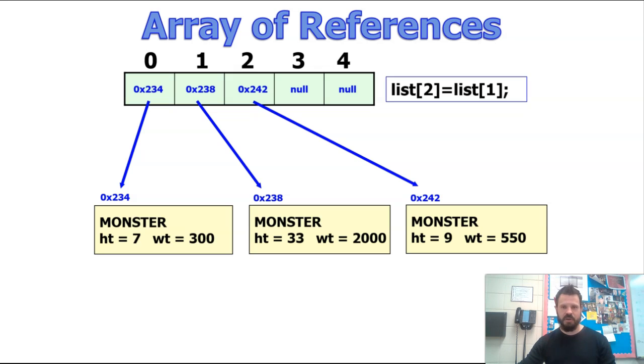What's going to happen here is we're going to remove the address stored at index 2, which essentially removes the pointer to this third monster object. And then we're going to set it equal to what's stored at index 1, which is this address here. So that's now going to be at index 2. In other words, our list at index 2 points to the same monster object at index 1.